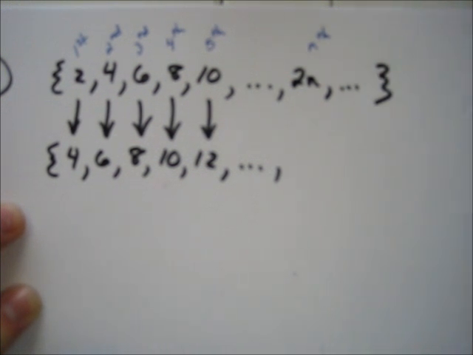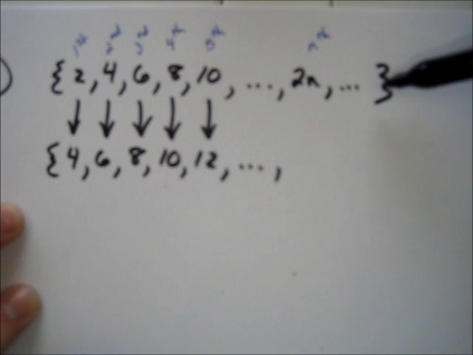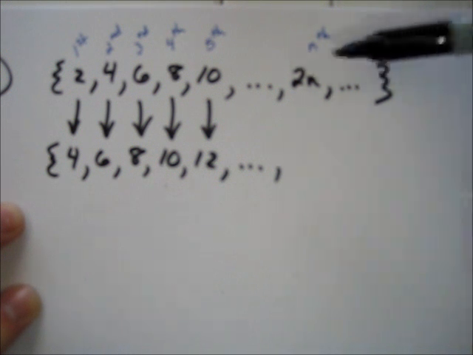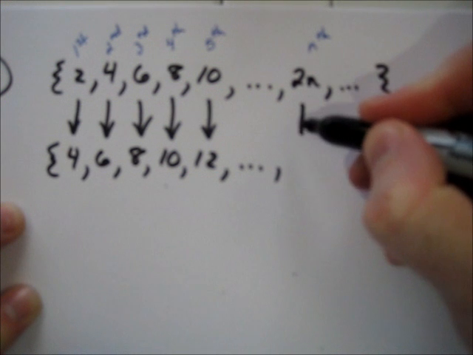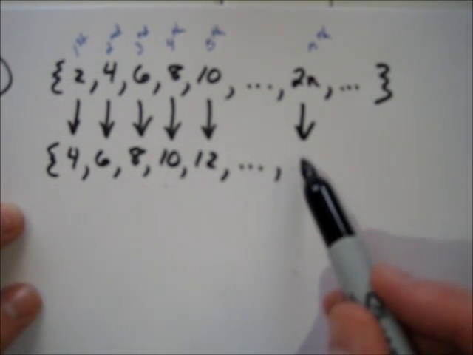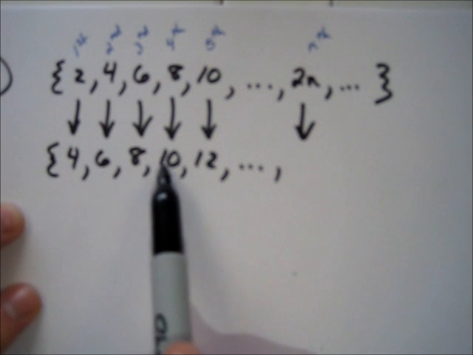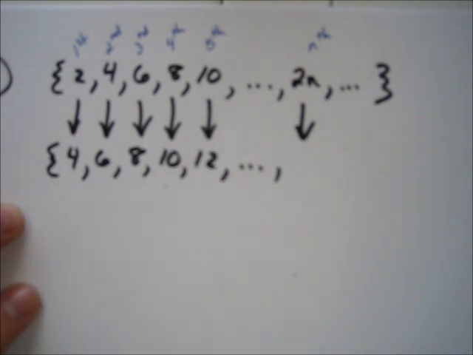So for instance, if you wanted to know what the 80th term was in this set, the 80th term would be 2 times 80, 160. So the last thing I now need to do to complete the one-to-one correspondence is to figure out what the nth term is of the proper subset. So you basically look at the relationship here between these numbers and the numbers they're mapped to.